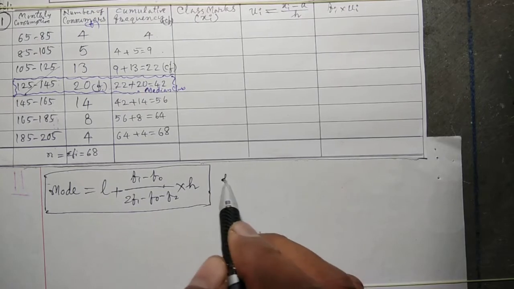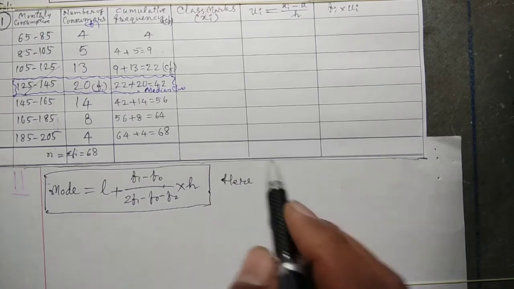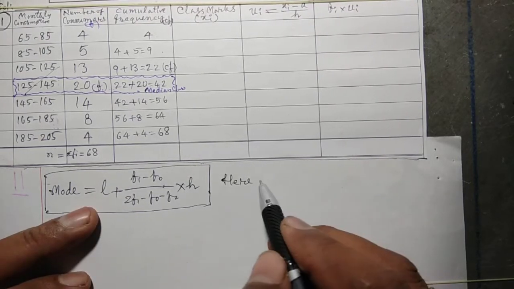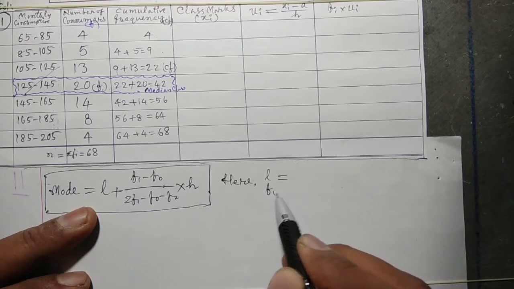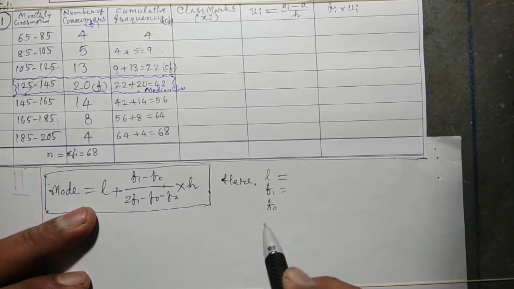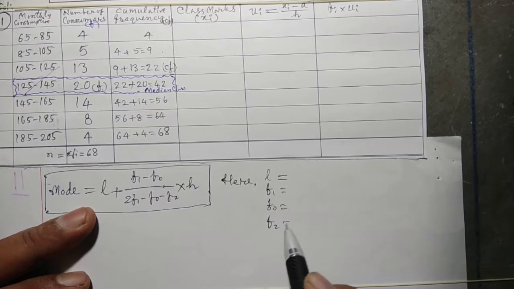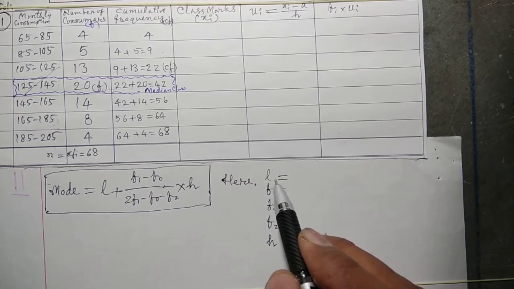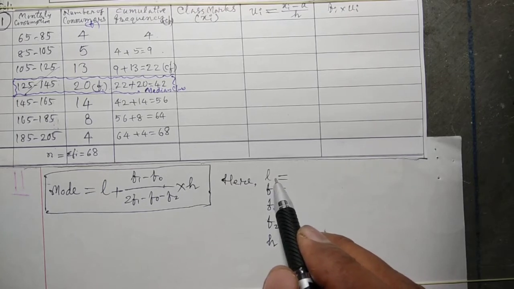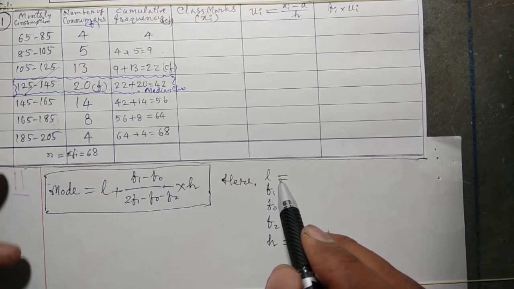In this formula, we have to know all the terms: L, F1, F0, F2 and h. L is the lower boundary of the modal class.